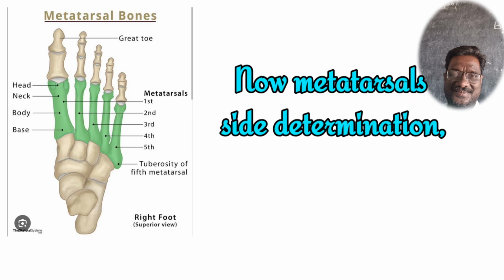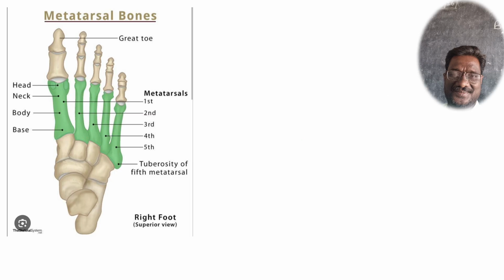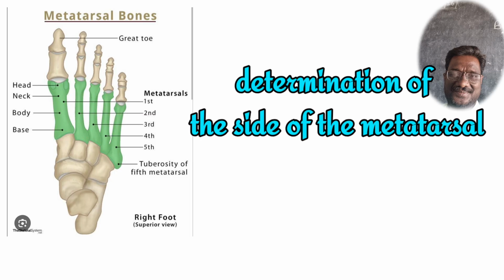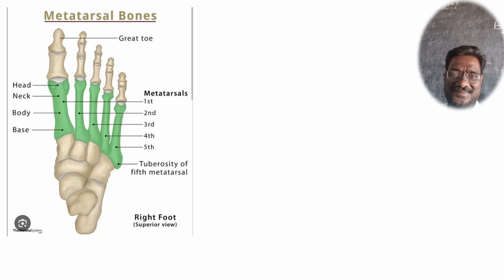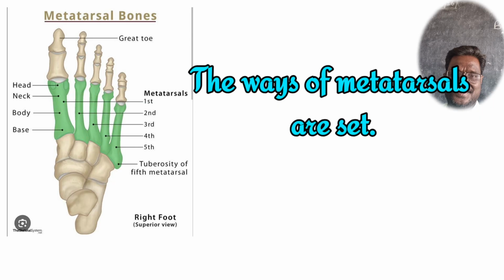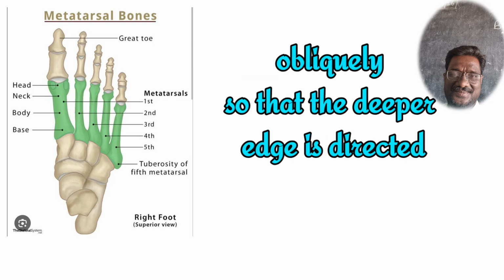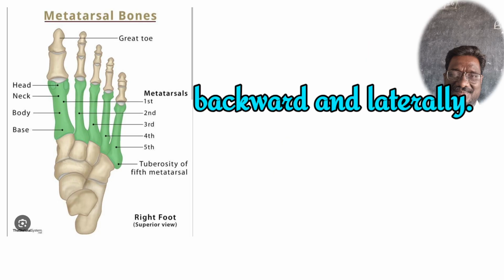Now metatarsus side determination. Determination of the side of the metatarsal bone is as follows. The bases of metatarsals are set obliquely so that the deeper edge is directed backward and laterally.